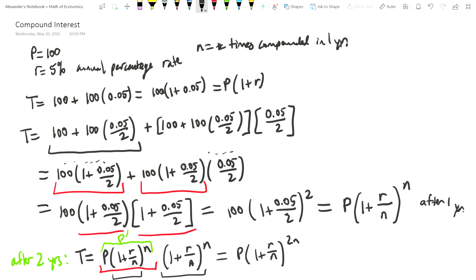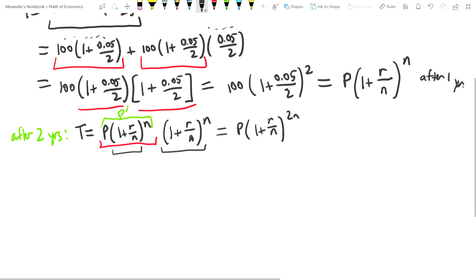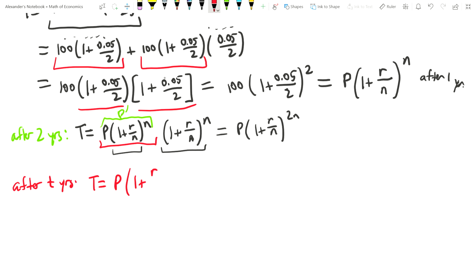Let's say we wanted it after t years. After t years, we have the total is the principal that we start out with times 1 plus the interest rate over the compounding frequency, raised to the power of the compounding frequency times the number of years.